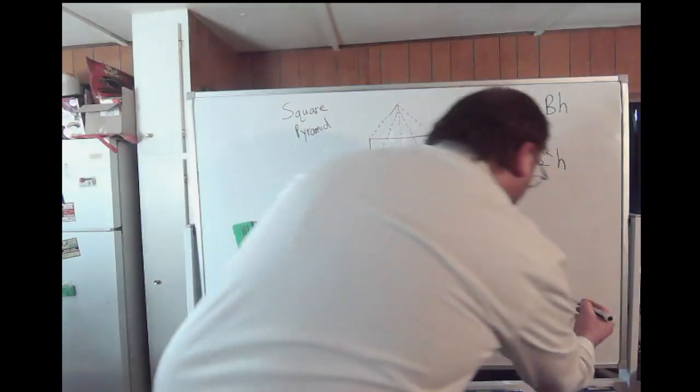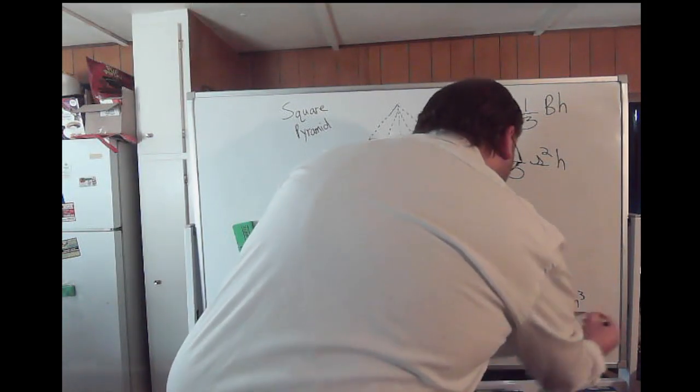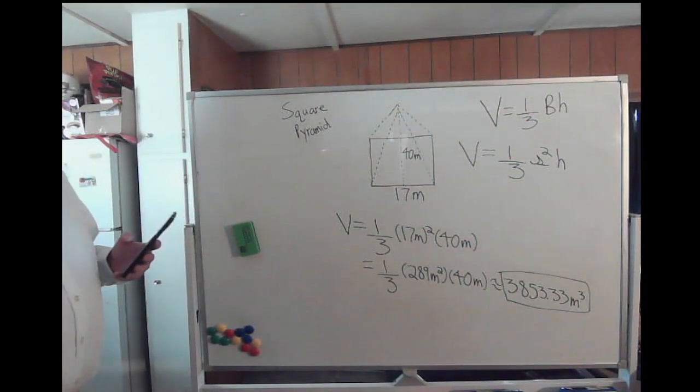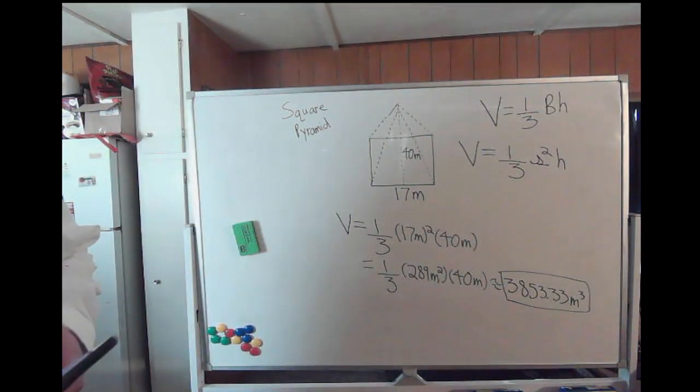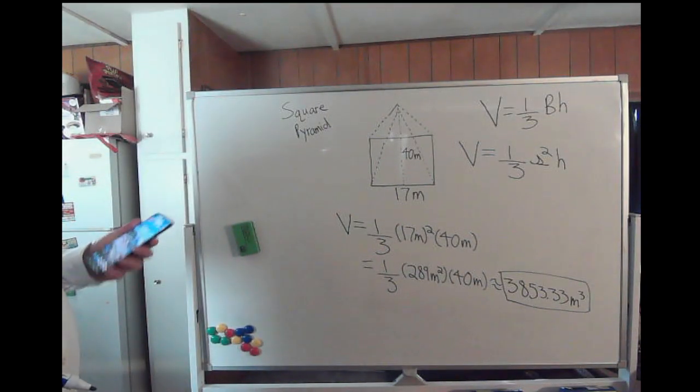That's cubic meters. So the volume of this pyramid is 3,853.33 cubic meters. That's for a square pyramid.